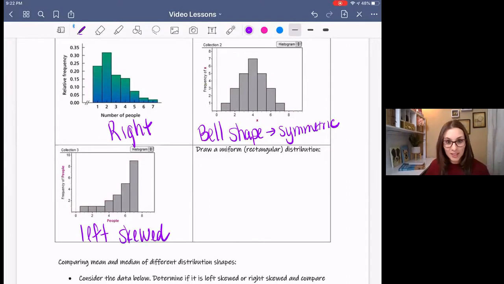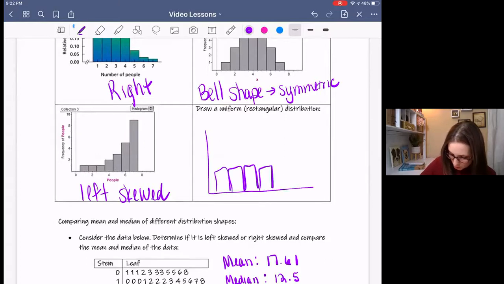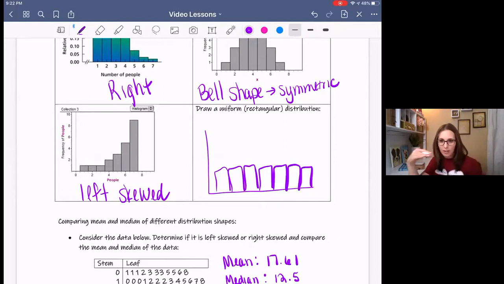Easy, right? And if you were to sketch a rough uniform distribution, they're all the same. Each one of these values occurred the same number of times. That's all that means. That's a really bad picture, but you get the idea.